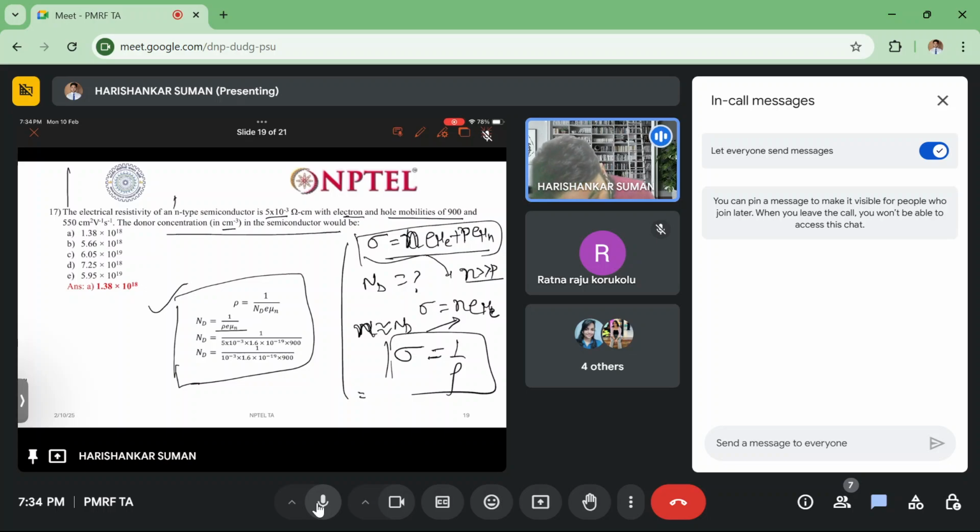Let's say this is p-type. All the values are given. Now please find out yourself what is the acceptor density.